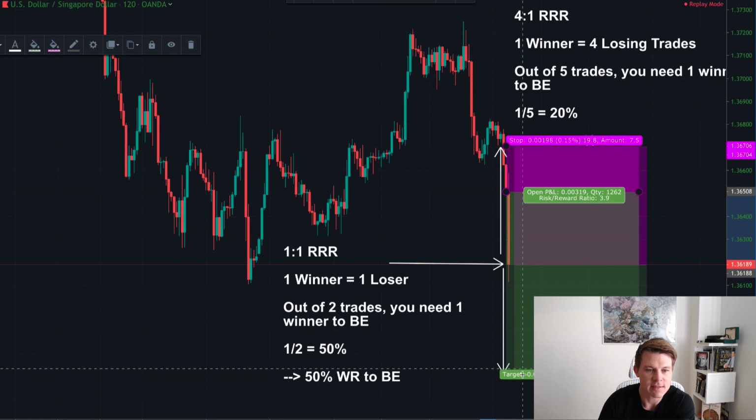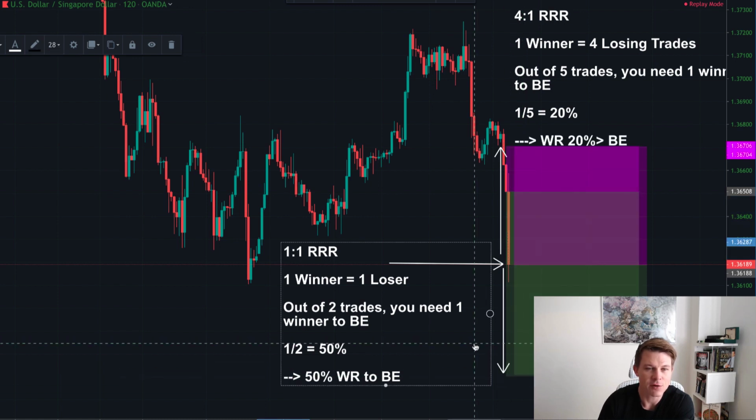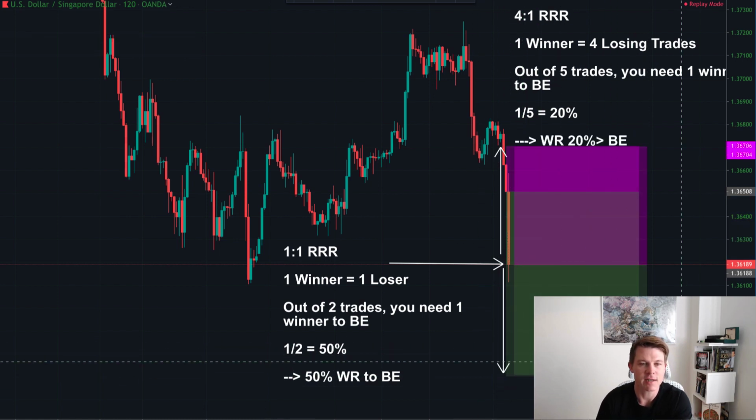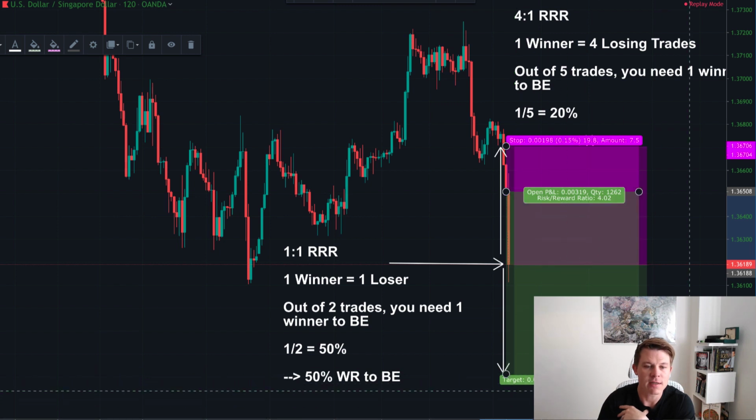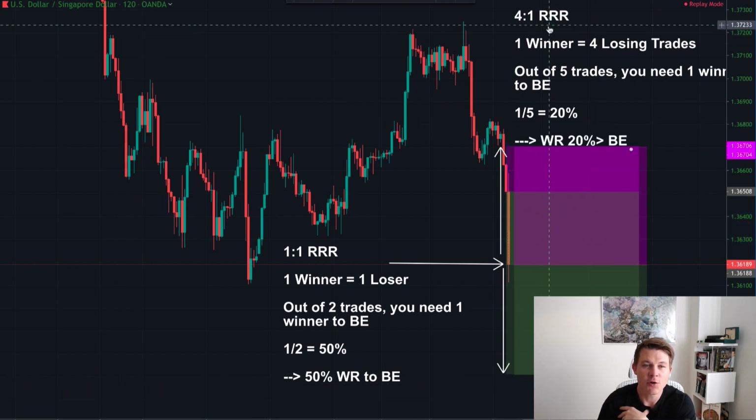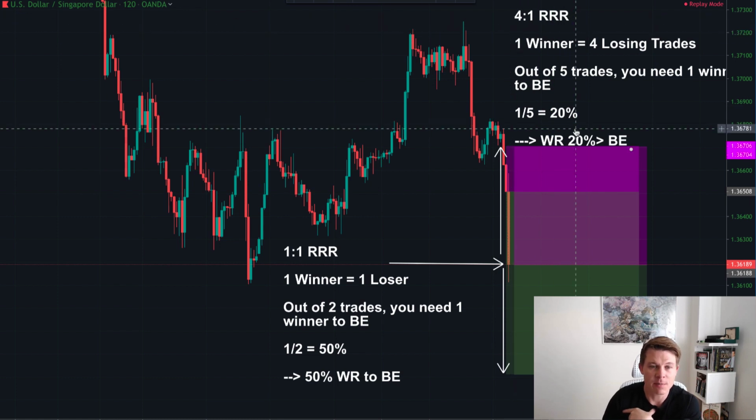Now it's 1.6, so you have more than halved your initial expectation of your trade, and that is very, very dangerous, because let's say you enter with a 1% risk position size and you expect a 4-to-1 reward to risk ratio, that means a 4% gain on your trade. But if you cut it at 1.6, where we are right now, you will only get a 1.6% return. And that is not even half of what you expected in the beginning.